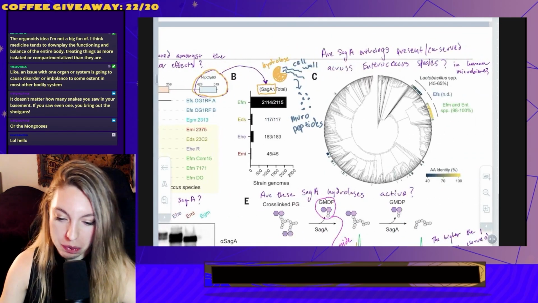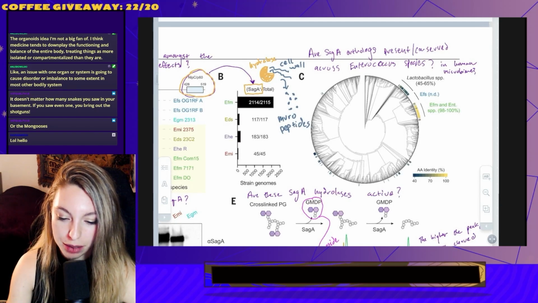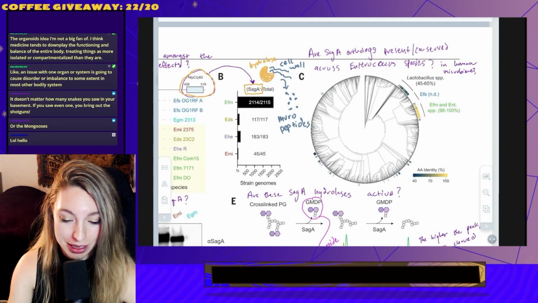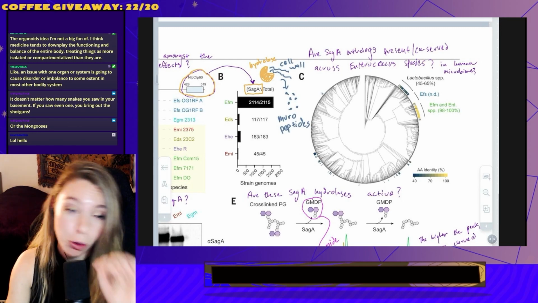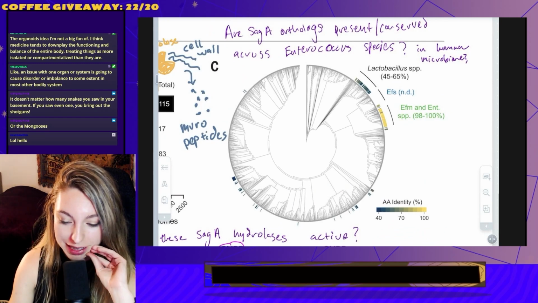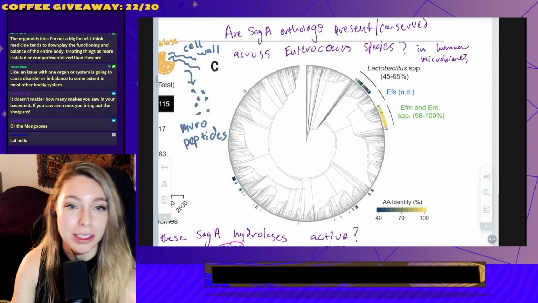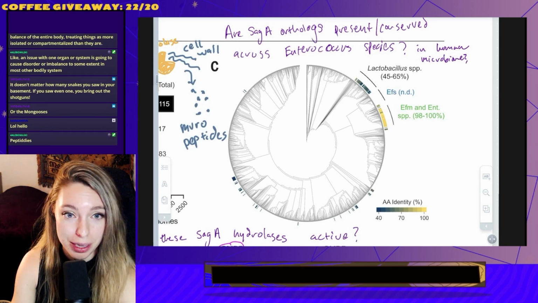So then they asked, are there other SagA proteins that are present in other enterococci species? And so they do a whole bunch more genetics. They look at things like lactobacillus, other bacteria, to see if they also make SagA, because then they could apply this to other bacteria that are inside of humans, right?